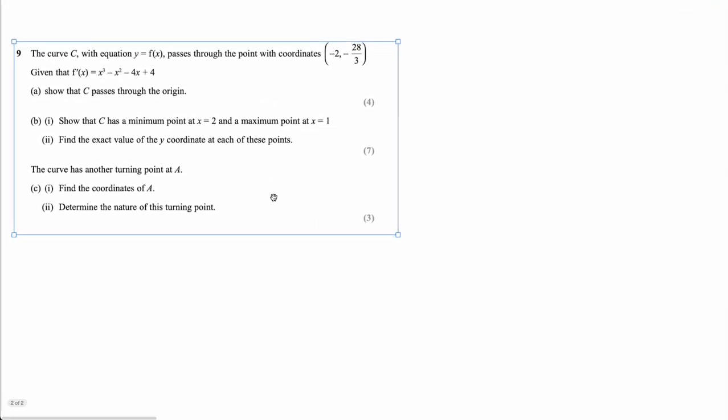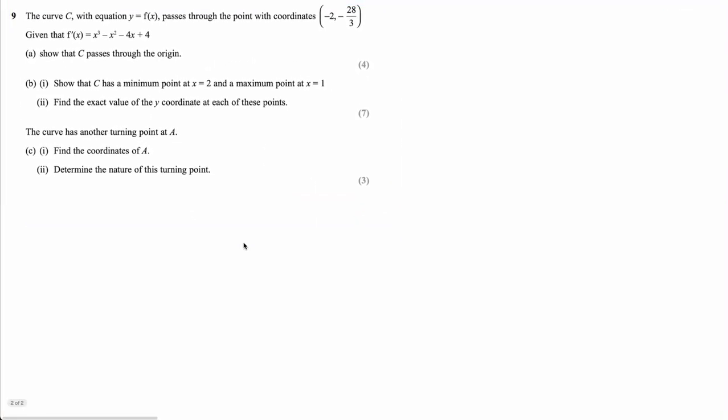So we know the stationary points at x equals 2 and x equals 1, but I now need to get the second derivative, f dash dash of x. So that is 3x squared multiplied by the power, subtract 1 from the power, minus 2x minus 4. This is the second derivative.